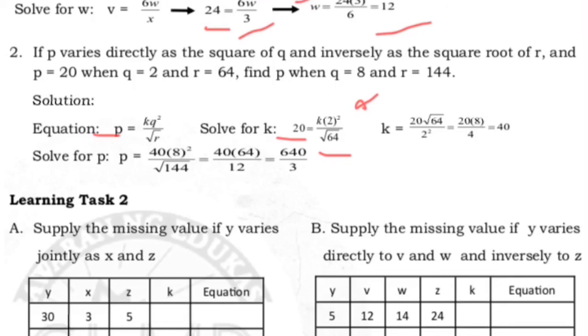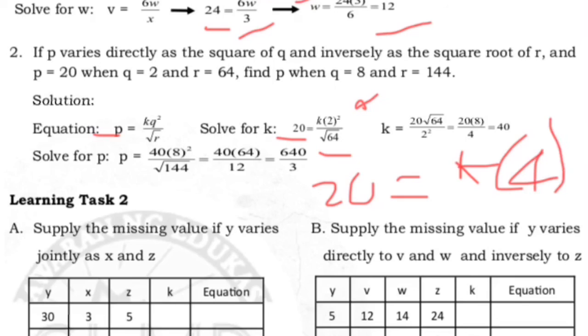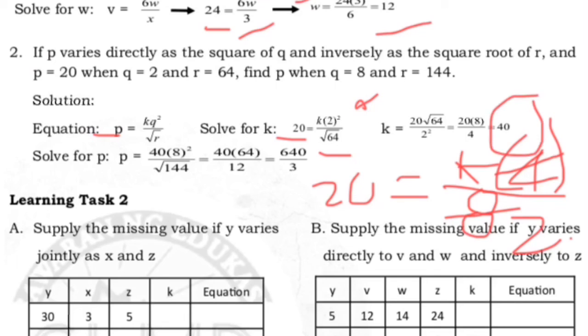So we're going to have 20 equals K times 4 over square root of 64, which is 8. Then simplifying this one, 4 over 8 is 1/2. So this will become 2 here. So 2 times 20 equals 40. So the value of K is 40.